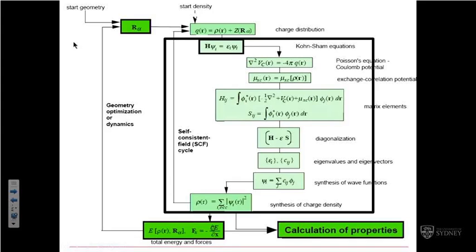Then you'll calculate again. You made a guess, you've calculated the wave function, and then you will put that back together, calculate the new density, and you will iterate and iterate until the density that goes in here doesn't change from the density that goes out. And that may take you like 100 loops of the calculation.